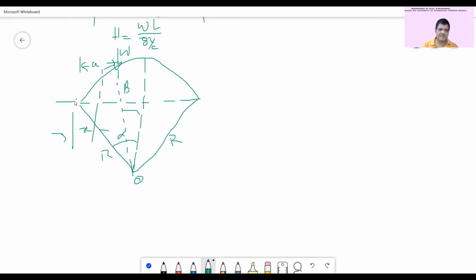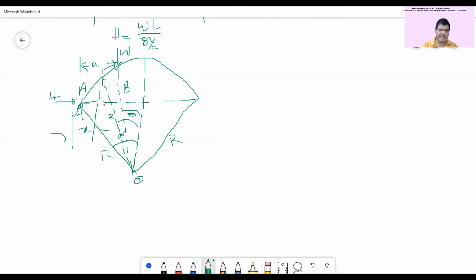So you have the horizontal thrust here, and you have the vertical reaction here. Now this point makes an angle theta with the center, and this is equal to R.